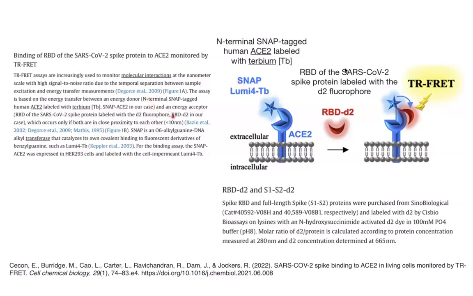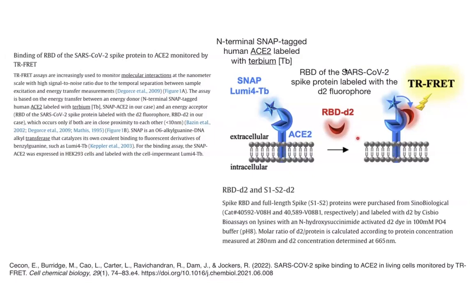SNAP is an O6-alkylguanine DNA alkyltransferase that catalyzes its own covalent binding to fluorescent derivatives of benzyl guanine, such as Lumi4-Tb. Don't worry about the details. Basically, there's this little tag that an enzyme will specifically add a fluorescent molecule to. So this is going to allow them to label the ACE2 protein.